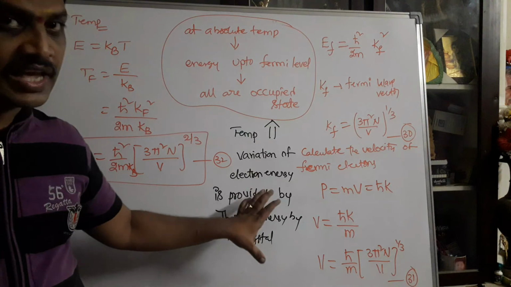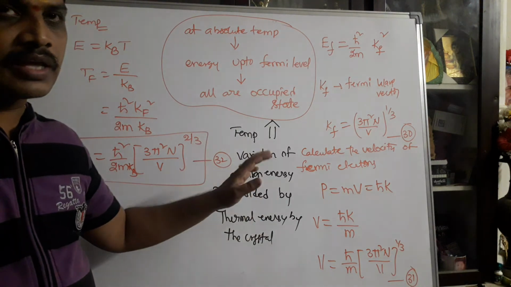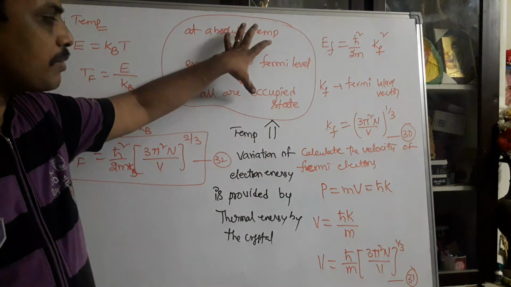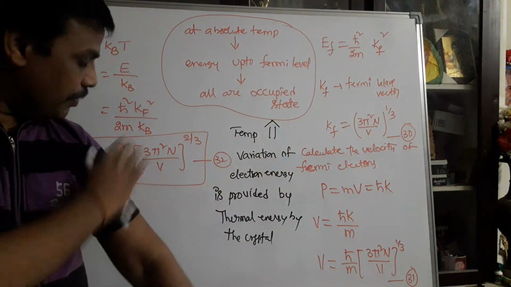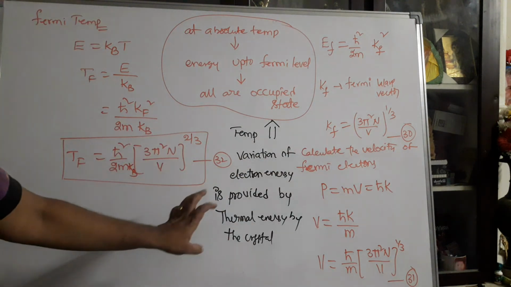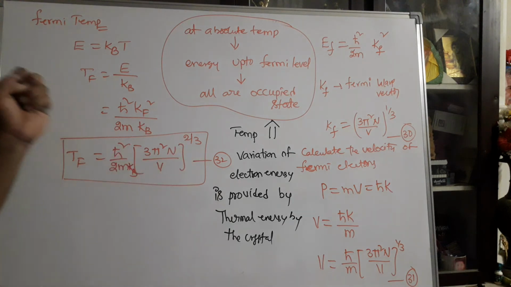This variation, by absorption of thermal energy with respect to the Fermi energy level when increasing the temperature, is very, very small compared to the electron energy itself. The energy distribution changes only very slightly when the temperature is higher than 0 Kelvin.